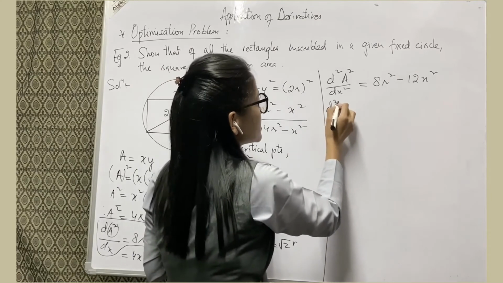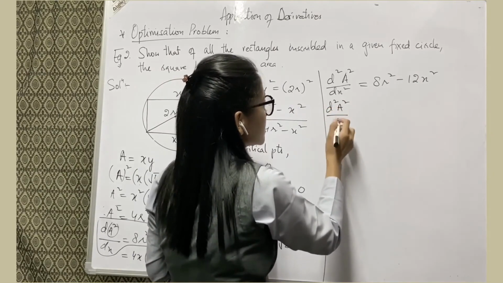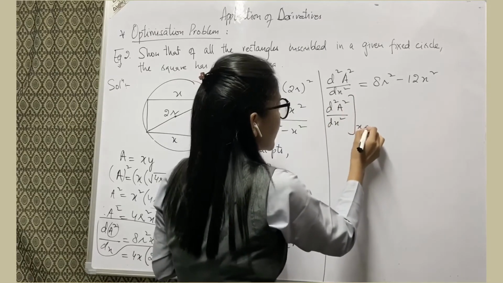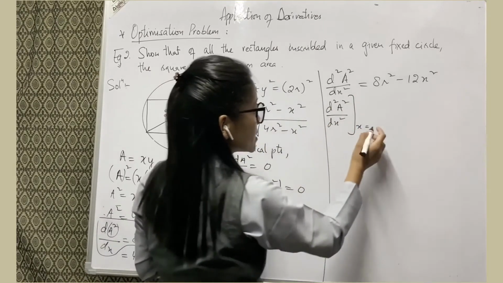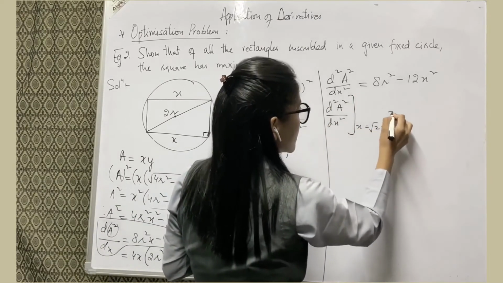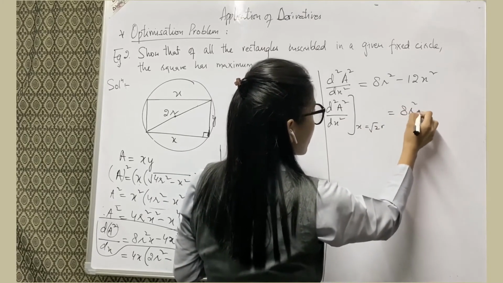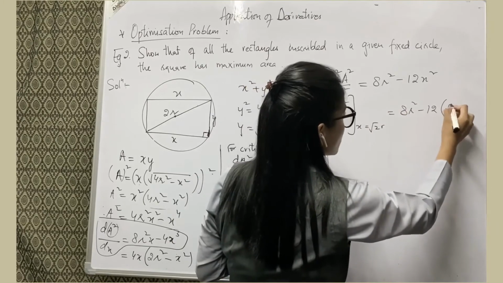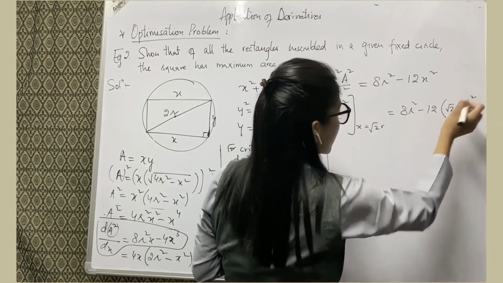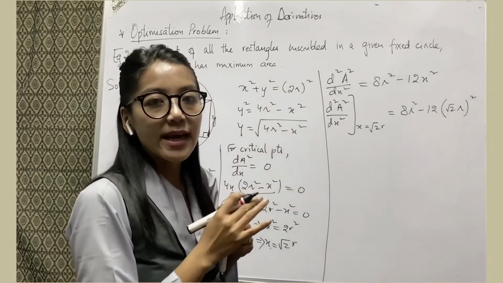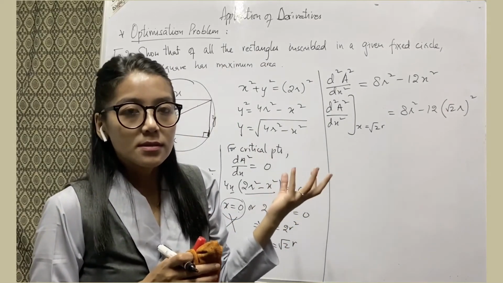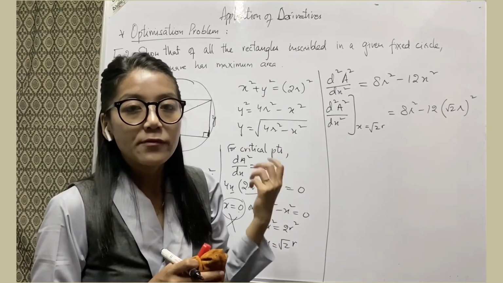So d squared (A squared) by dx squared at x equal to root 2 r is 8r squared minus 12 into x squared, so that is root 2 r whole squared. You have to simplify it till the end, till you are able to show that this second order derivative is either negative or positive.